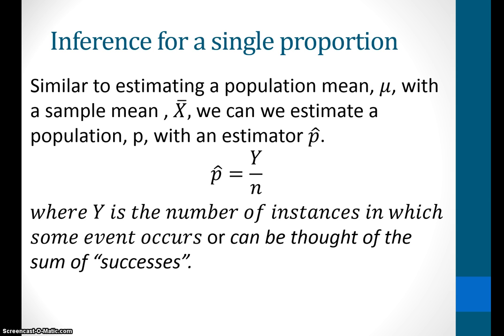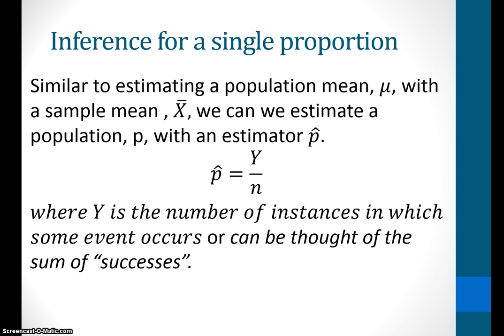Okay, so if we want to make inference for a single proportion, this is very similar to being able to estimate a population mean through X bar. And so last week we looked at the one sample t-test and also the one sample z-test to be able to test a population mean.